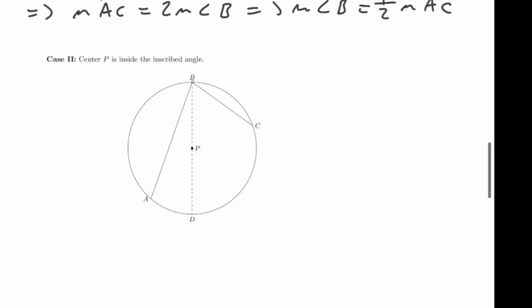One of the sides of the intercepted arc is on one side of the diameter and the other is on the other side.